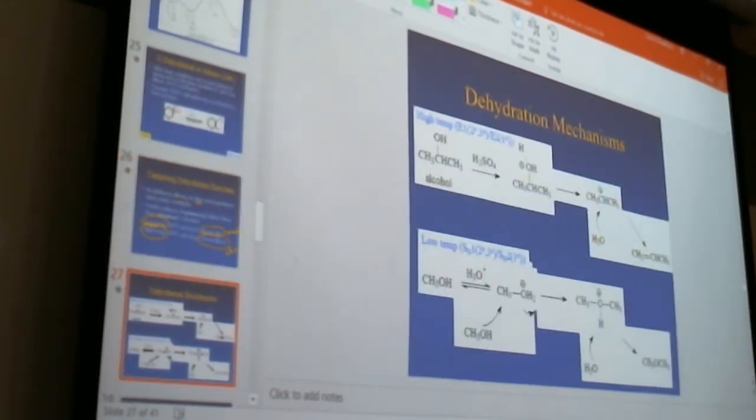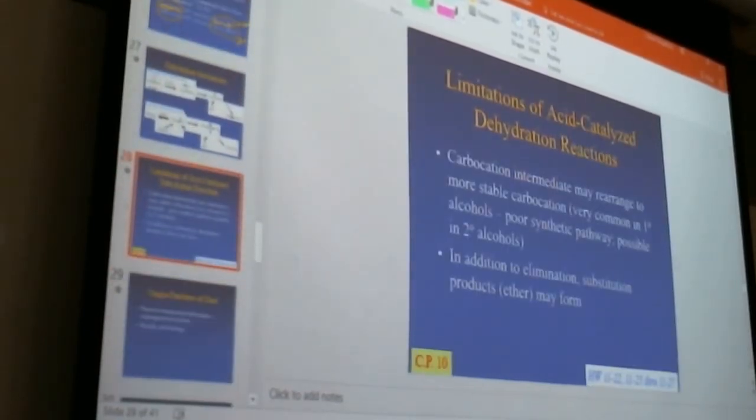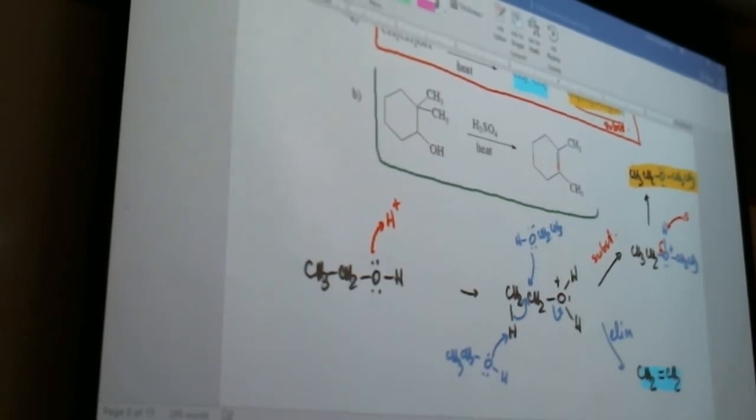And here is what is happening. Protonate, and if you can, you're going to form the carbocation, if it's secondary or tertiary. And then you eliminate or attack and form your substitution product. Of course, if you're going to form a carbocation, you can have rearrangements. So show me a mechanism for this product.